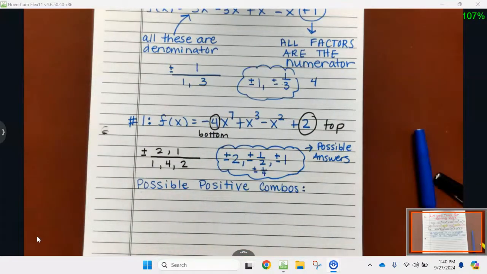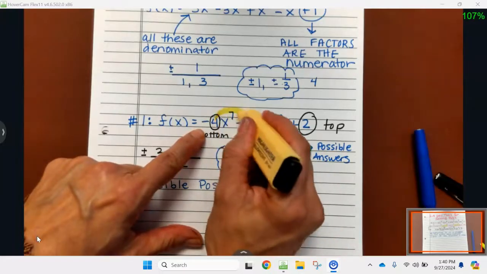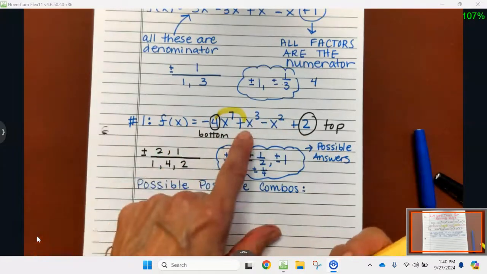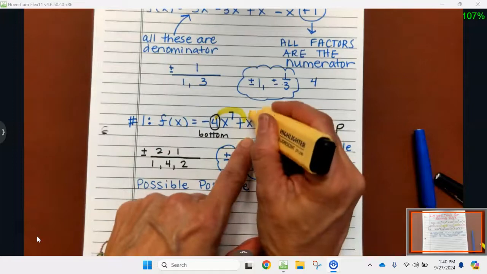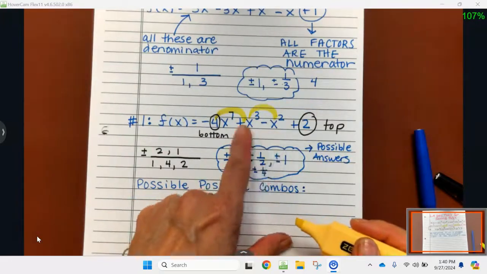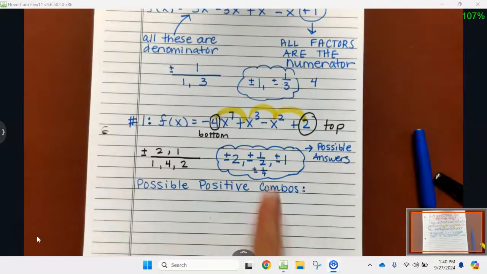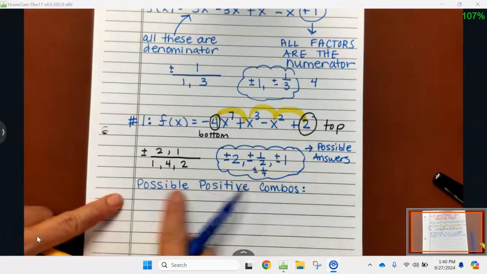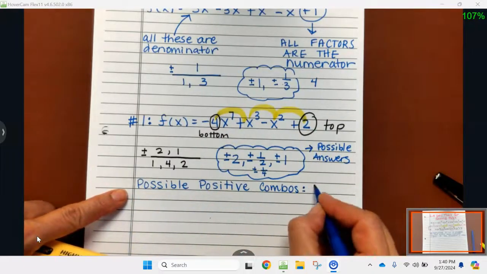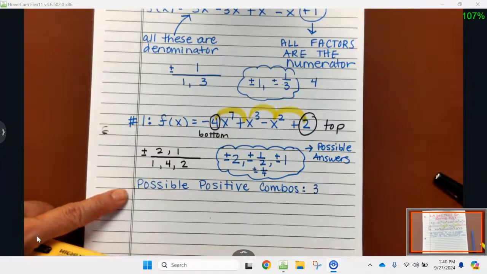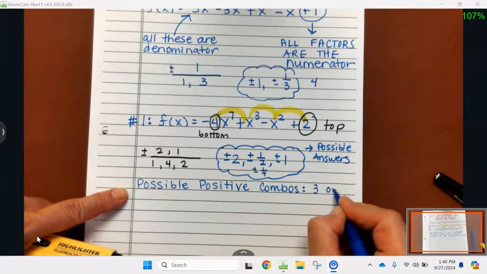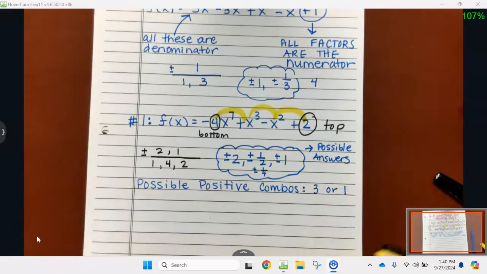Let me analyze these changes. It starts negative. It changes right off the bat to positive. Look, then it changes again to negative. Then it changes again to positive. So there's 3 changes here. So my positive combos are 3, and don't forget to subtract 2, or 1. That's it.